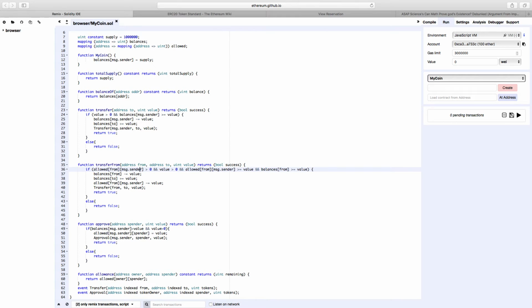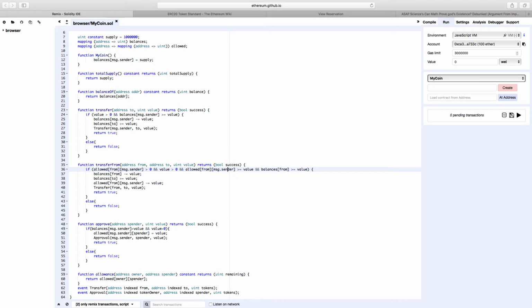So we have to see if his allowance is greater than 0. And then we don't want him to just transfer 0 value, so we want to see if value is greater than 0. Then we also want to see if the person is allowed to spend that amount. Say the person is allowed to spend 50 tokens, but he's trying to transfer 100 tokens from that account to another account.